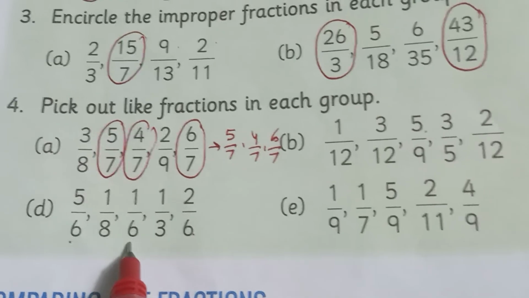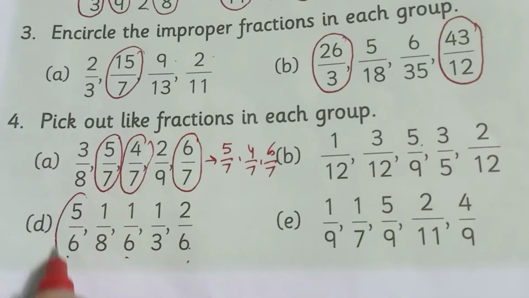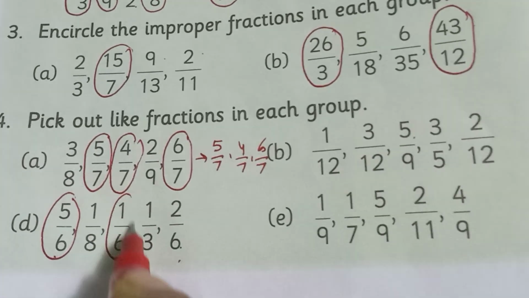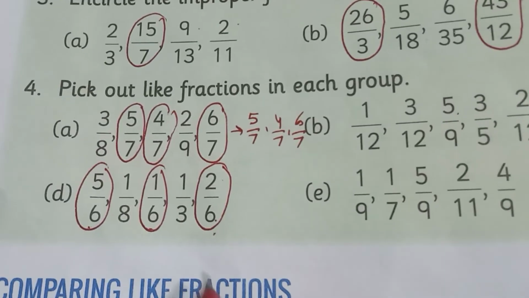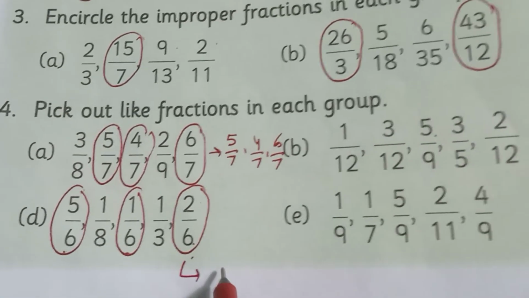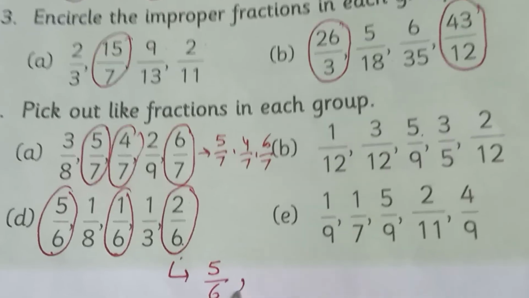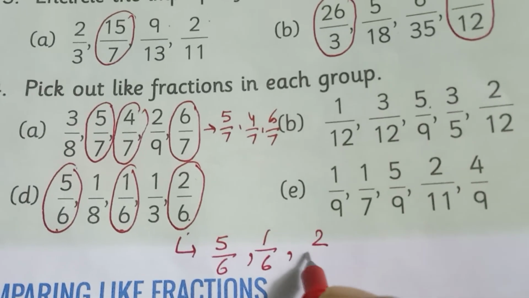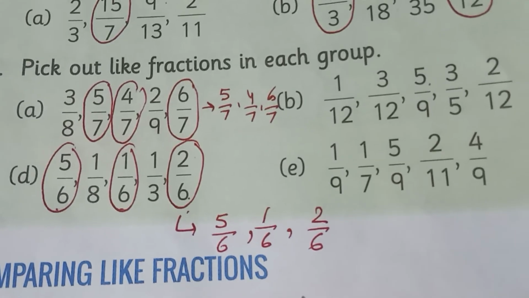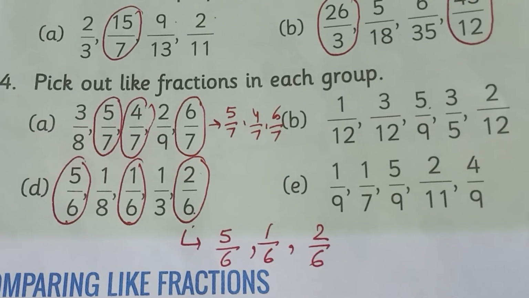Yes, 6, 6, 6. So these 3 are the like fractions. So you write here 5 by 6, 1 by 6 and 2 by 6. These 3 are the like fractions.